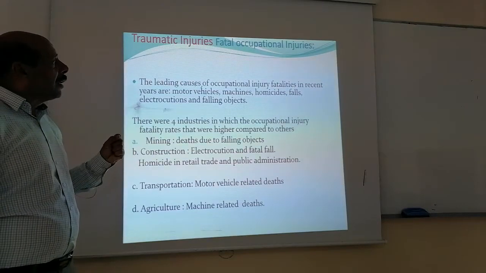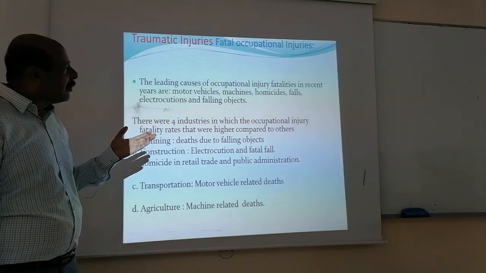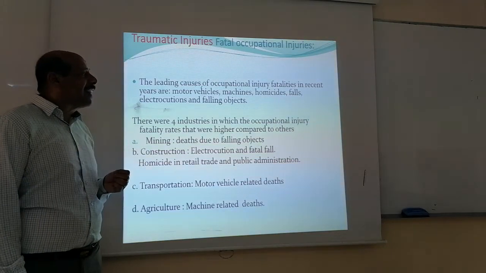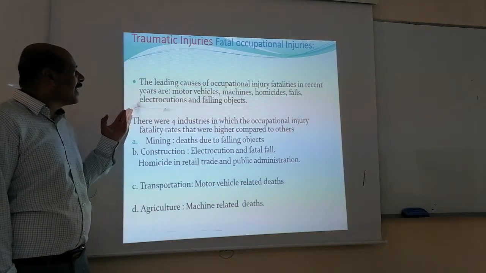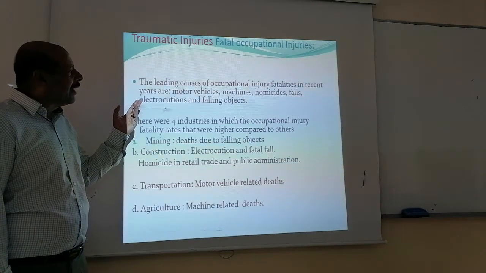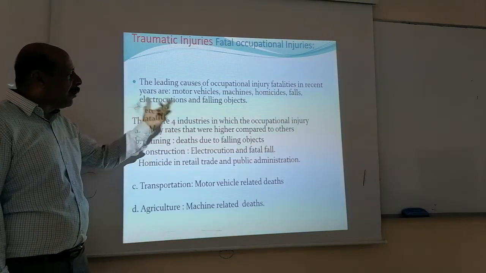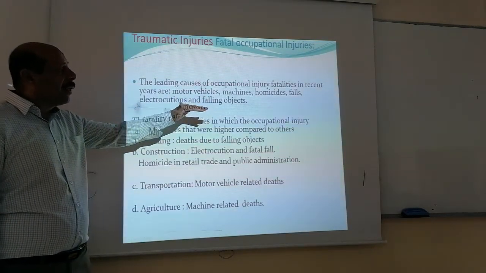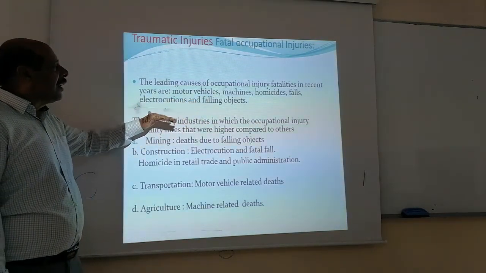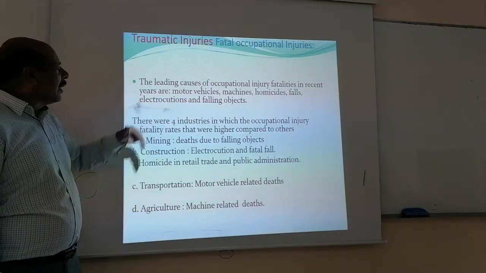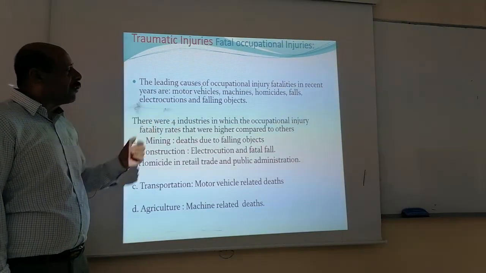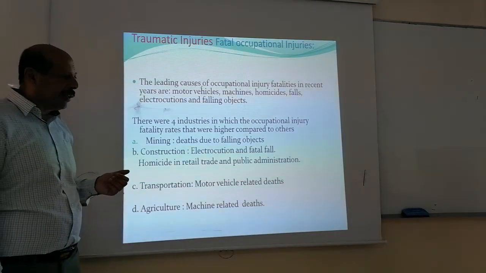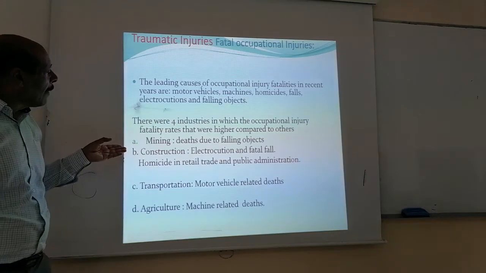Traumatic injury and fatal occupational injury might happen. The leading causes of occupational injury fatalities in recent years are motor vehicles, machines, homicides, falls, electrocution, and falling objects, meaning objects that fall on the workers.